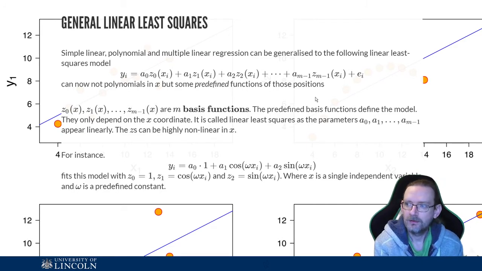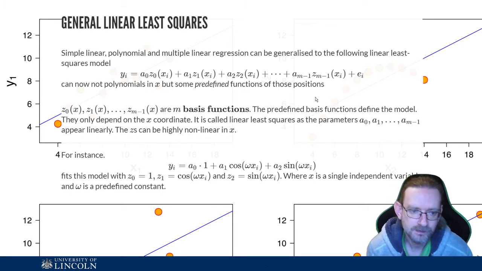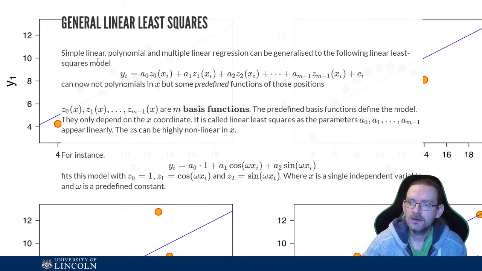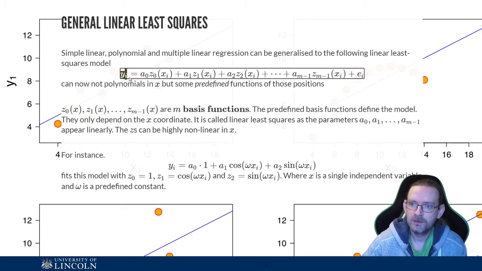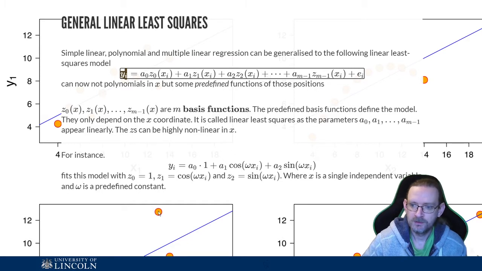So let's think about how we can define our model in a slightly more general sense than we've done up to now. So let's say that yi, which again will be the ith measurement, so we measure an actual signal yi, and we've also measured its position on the independent variable. We've got the independent variable value, and we've got this dependent variable value there.